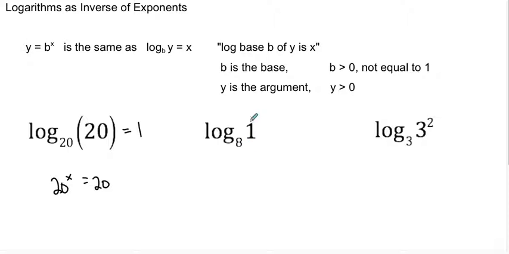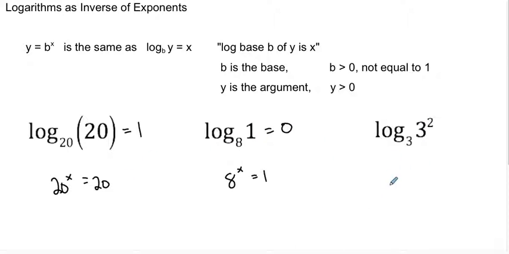And anything that has an argument of 1, the log of any number that gives you 1 is always 0, because any base to the 0th power is going to give you 1.